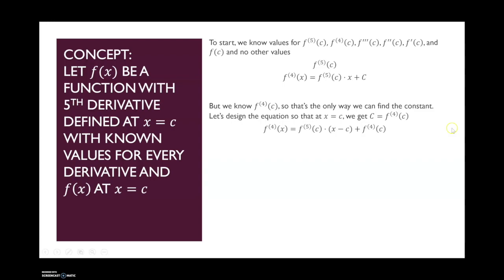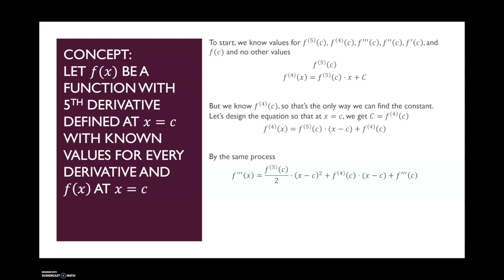So he just smartly placed another constant with that x and said, let's write our function as the fifth derivative at c times x minus c, which meant that if we plug c in there, that whole term would zero out. We would get that our antiderivative constant, when we evaluate at c, would be our fourth derivative at little c. Like I was saying, the capital C that I used, I won't have to use anymore. We're going to design this so that every step of the way, we automatically know what the constant is that we're adding into the equation.